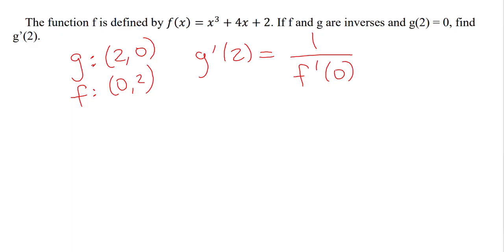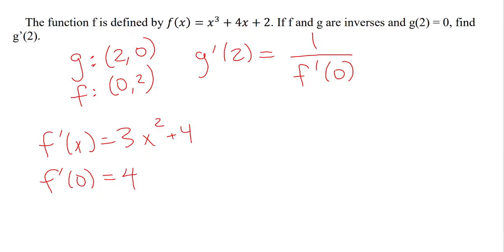So we'll figure out what f prime is. Right? f prime of x is just 3x squared plus 4, according to the power rule. And then just evaluate that at 0. You get 4. And we can plug in f prime of 0 up here to get 1/4 as our final answer.